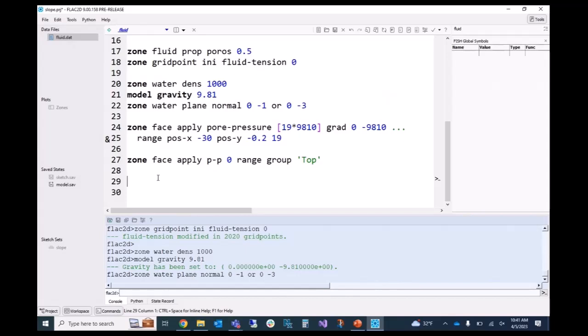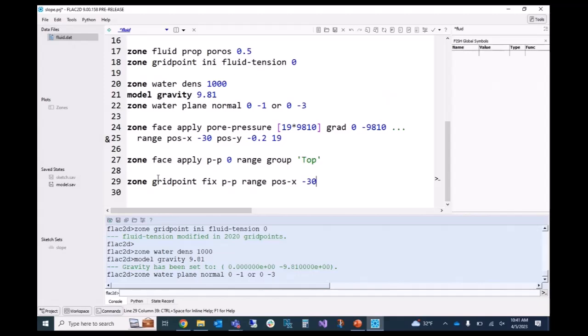So we can just give a fix command here. What you say is zone gridpoint fix pp range pos-x minus 30, and I could have said pos, or I could have said range group west, or whatever we called it.